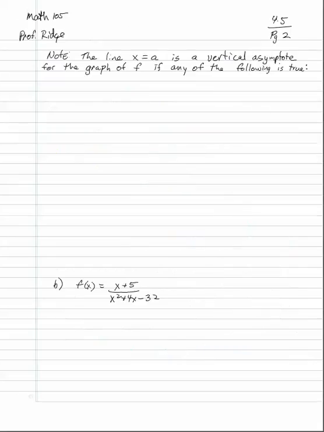So I better tell you what a vertical asymptote is. The line x equals a is a vertical asymptote for the graph of f if any of the following is true. Basically we're talking about what's happening as your x values get closer and closer to this a.